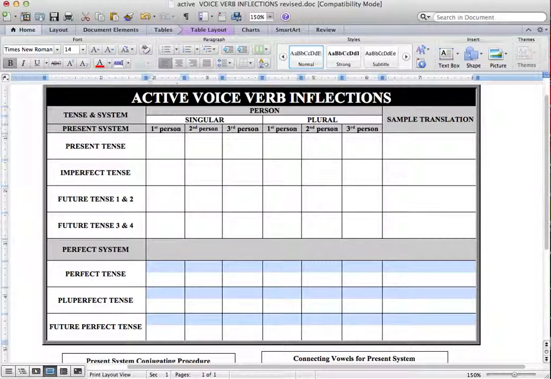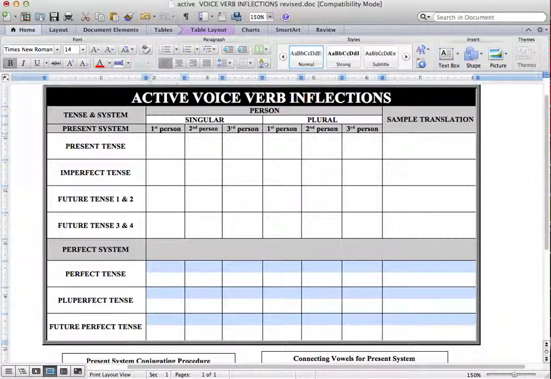The perfect set of rules will look exactly like the set of rules for the pluperfect and future perfect tense when we go to conjugate them. These will be different from the rules that are used in the present system. And also what's going to be different is where the base of the verb is found. So that's what we have to look forward to.